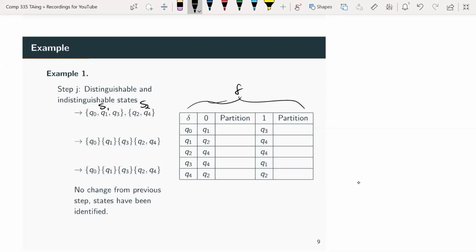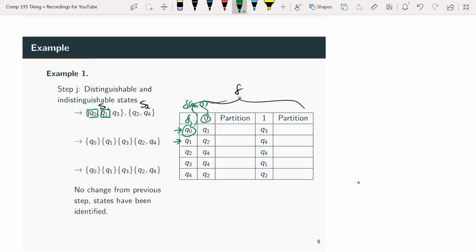For each pair of states in each partition, we check if they're distinguishable or indistinguishable. I'm going to start with Q0 and Q1. This is delta of Q0 when it sees a 0. So this is the Q0 here, this is the 0 here.